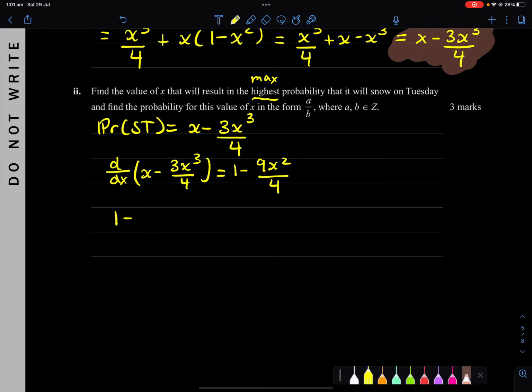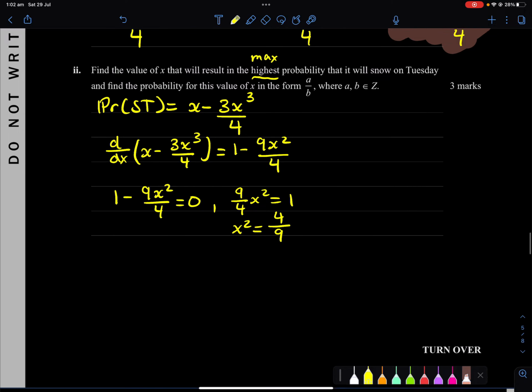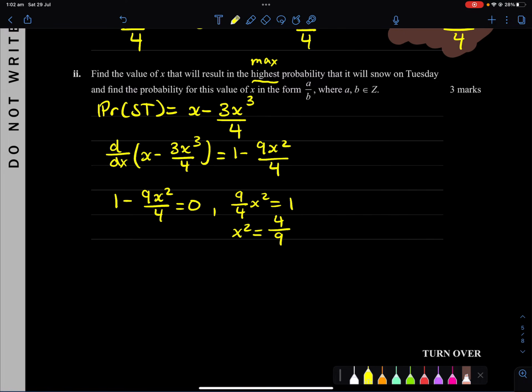So 1 minus 9x squared over 4 equals 0, that will be 9 over 4 x squared equals 1. So x squared is equal to 4 over 9, multiplying both sides by 4 over 9. Therefore, x is plus or minus 2 over 3.